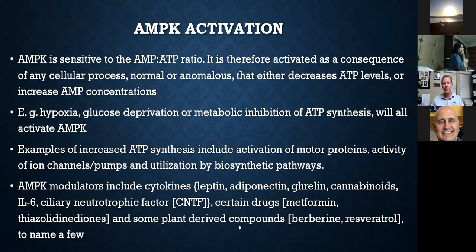Either decreased ATP levels or increased AMP concentration. So that AMP/ATP ratio becomes quite important. We have things like hypoxia, glucose deprivation, or metabolic inhibition of ATP synthesis. They will all activate AMPK. And examples of increased ATP consumption include activation of motor proteins, activity of ion channels or pumps, and utilization of biosynthetic pathways.